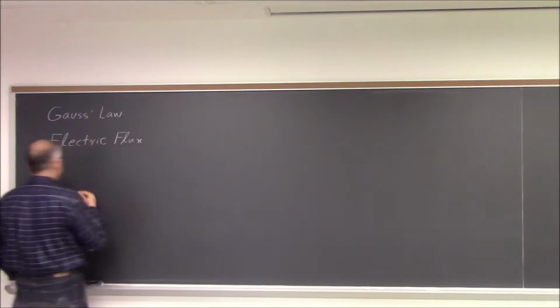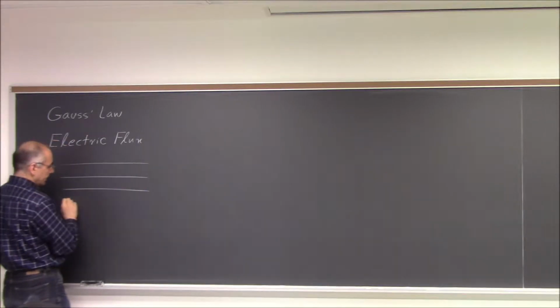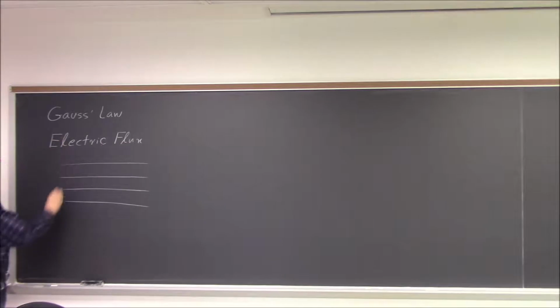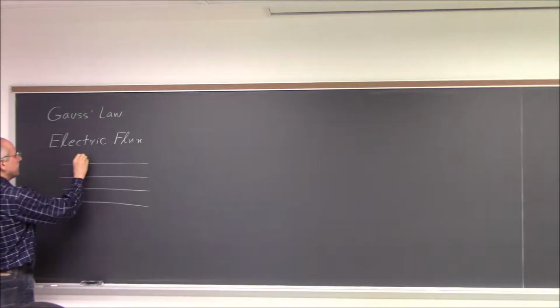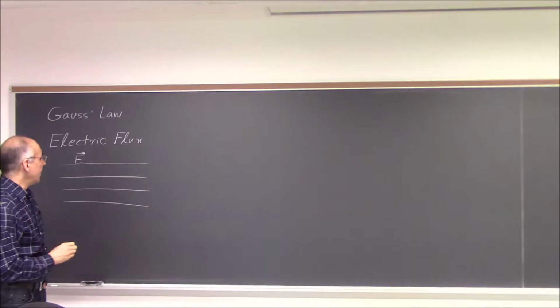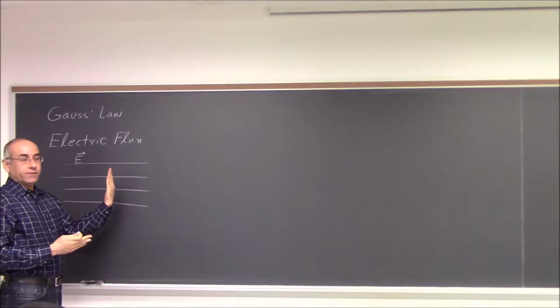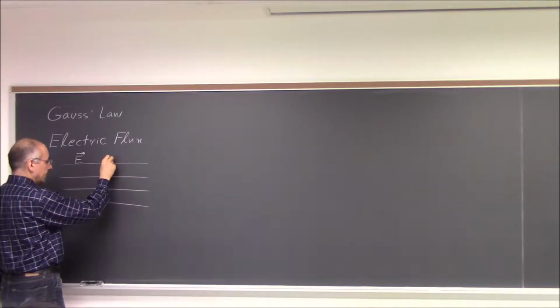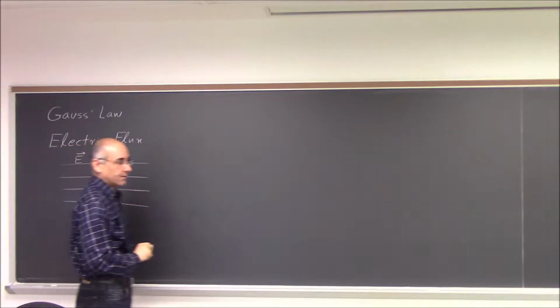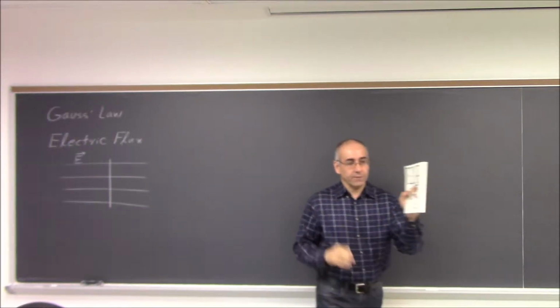In a simple case, when we have a uniform electric field like that, these are the electric field lines, with intensity E, and we have a surface that's perpendicular to the field. Let's say this is a cross section of a surface, for example the surface of this book.